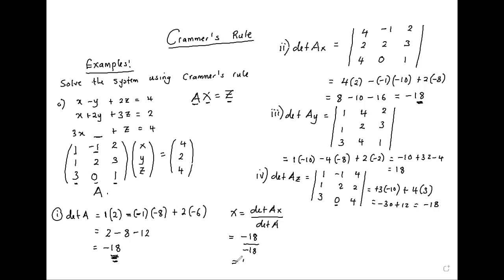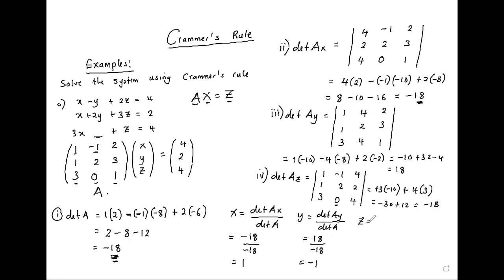So here the answer is 1. Next, y: determinant AY over determinant A, where determinant AY is 18 over determinant A, negative 18. So we get negative 1.